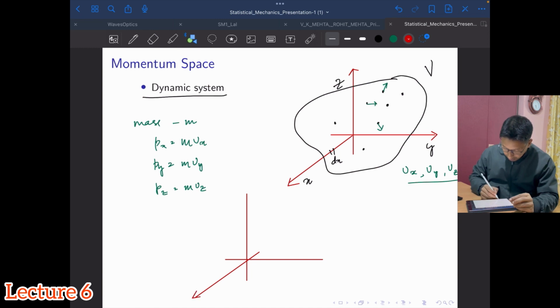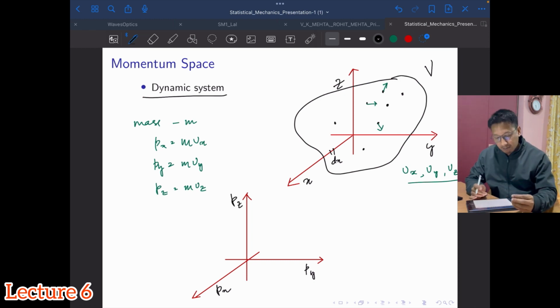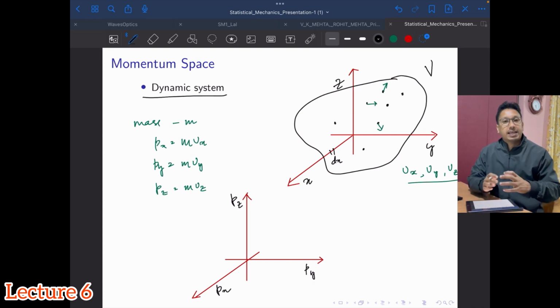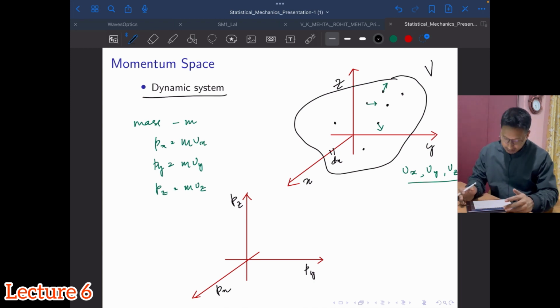Similar to the position space, I can have, let's say, this is the py axis, px axis, pz axis. So I can represent the momentum of these particles in this space. This space is known as momentum space, the space spanned by these momentum axes, which are again independent and mutually perpendicular axes.